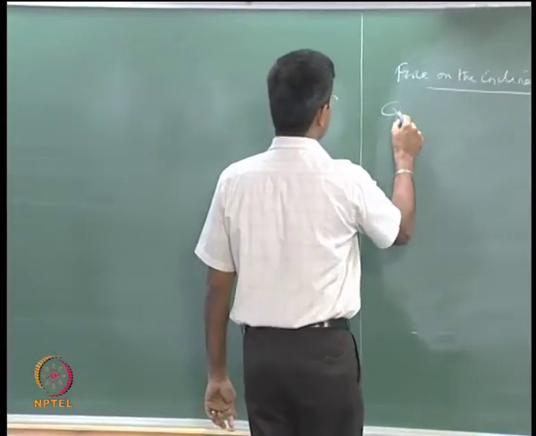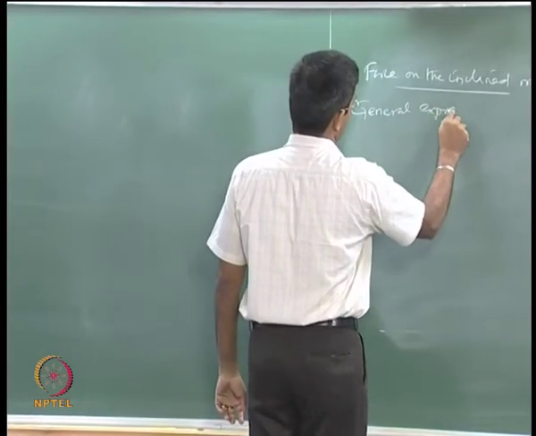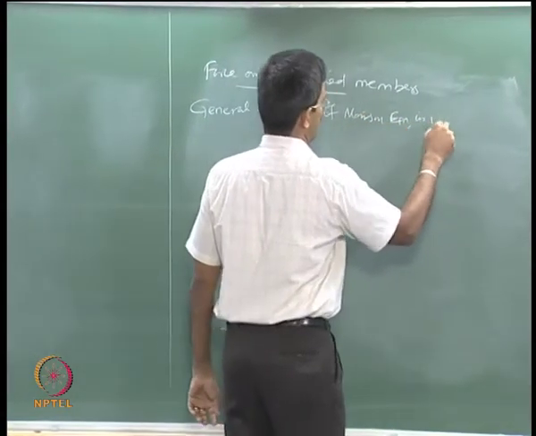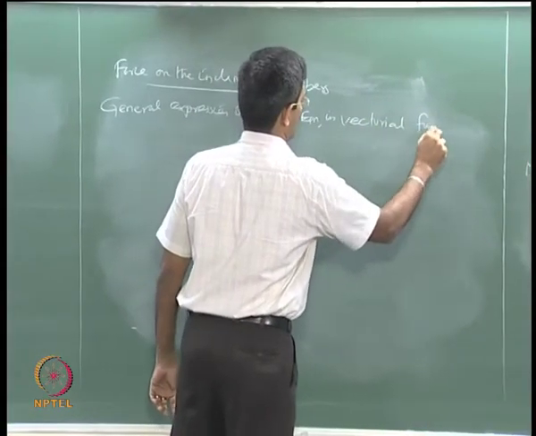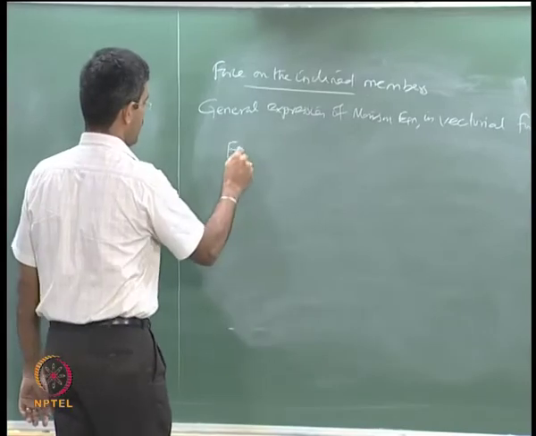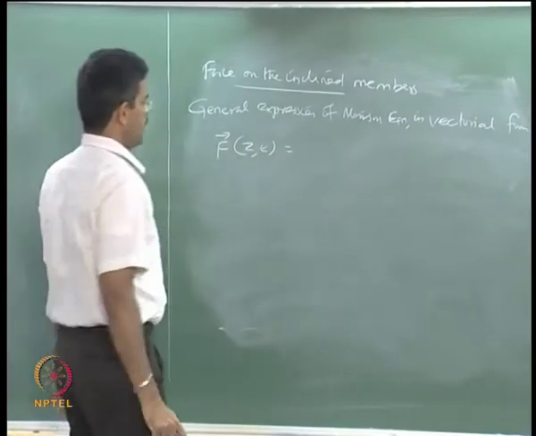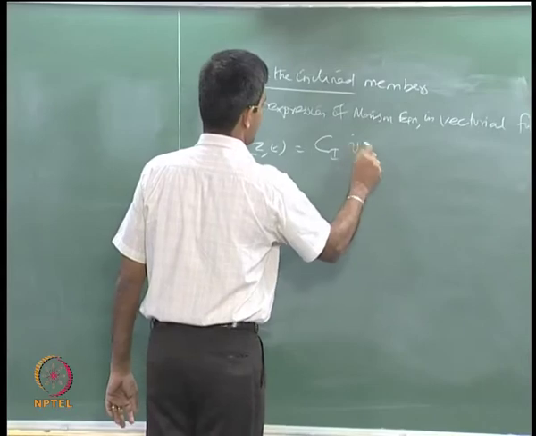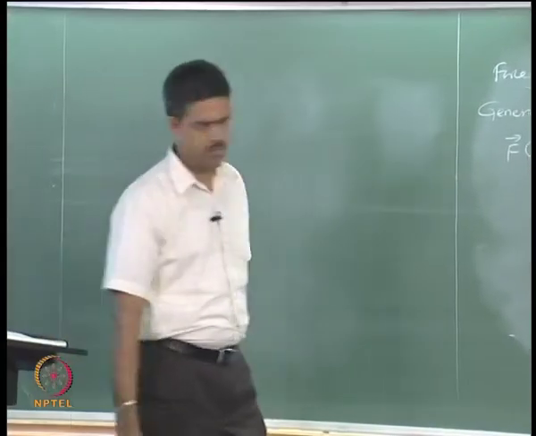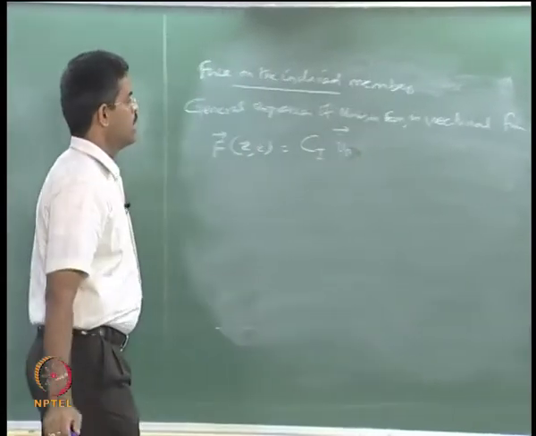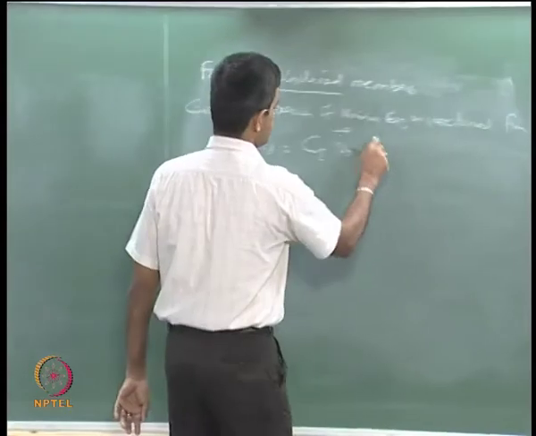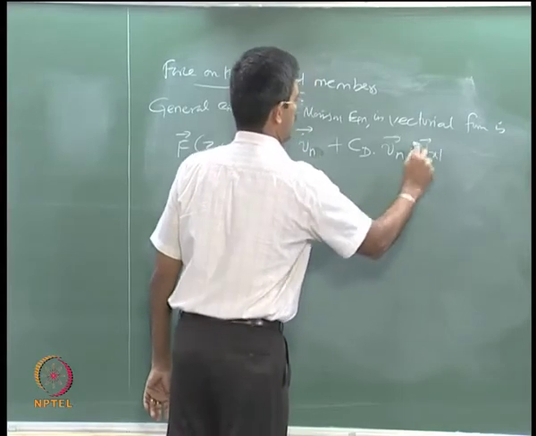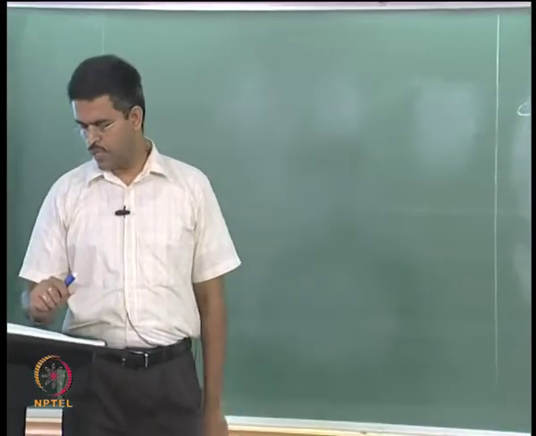The general expression of Morison equation in vectorial form is given by, let us say n, we are talking about an arbitrary orientation, plus Cd of V. It is a general equation without linearizing it.